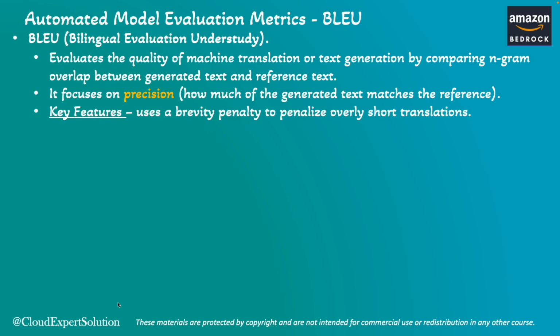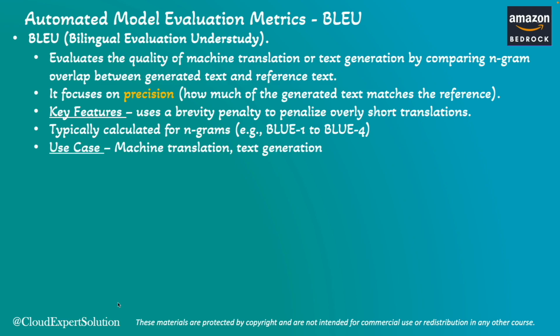In terms of key factors, we use a brevity penalty to penalize overly short translations. Typically, we calculate in terms of n-grams like BLEU-1 to BLEU-4, the similar concept we used for ROUGE. In terms of use cases, BLEU can be used for machine translation or text generation evaluation.